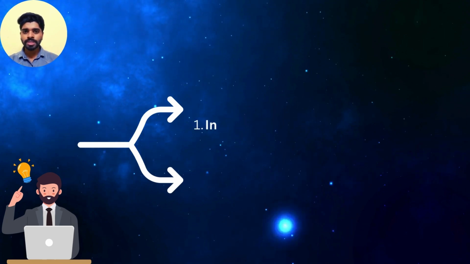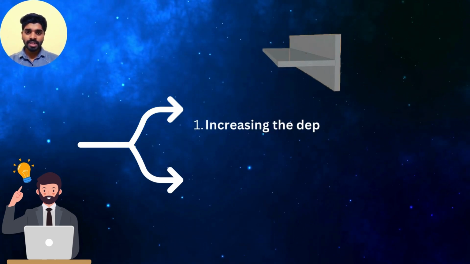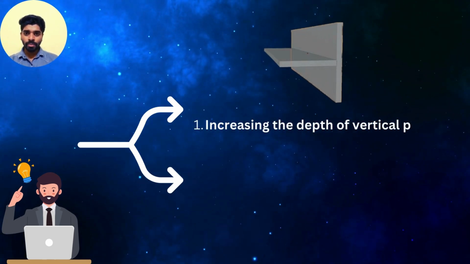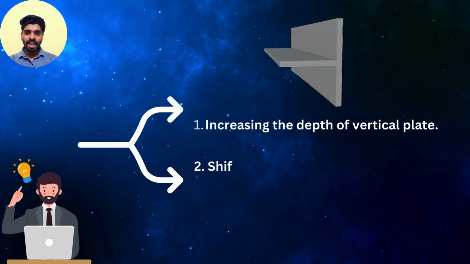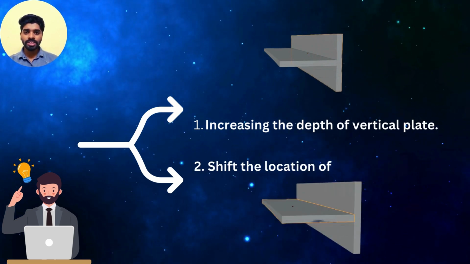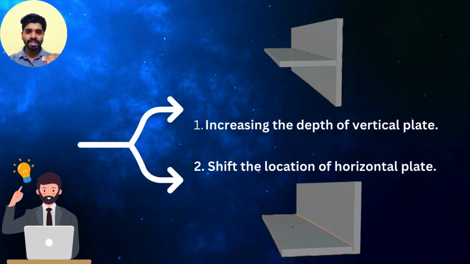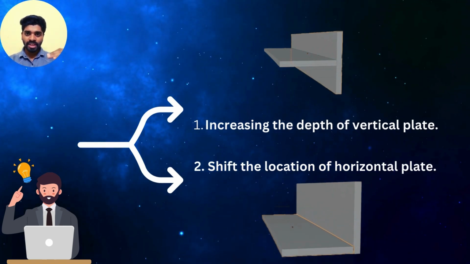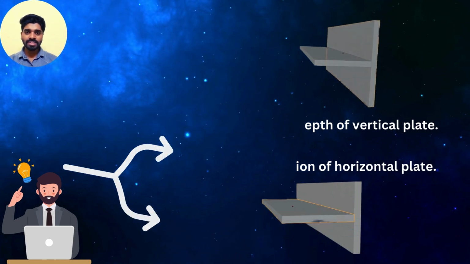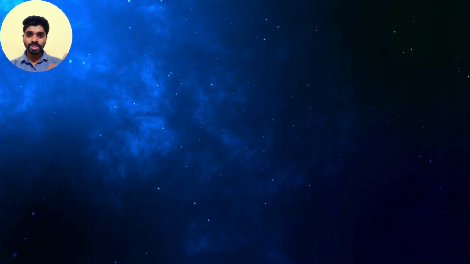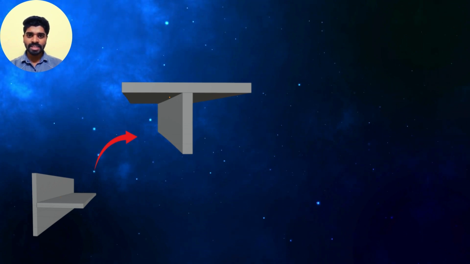So what is the solution for that? Here we have two options. Either we have to increase the depth of the first plate to accommodate the bolt inside it, or the second option is we change the location of the other plate. Since we have connected this at the center, now we can connect this at the edge of the plate. So the first option becomes the T section.